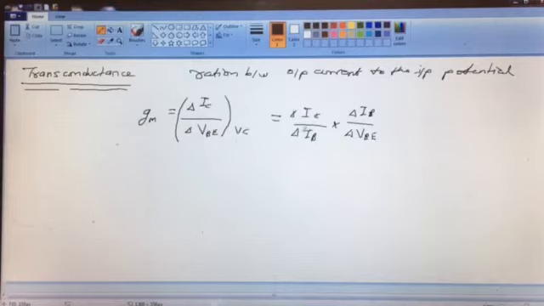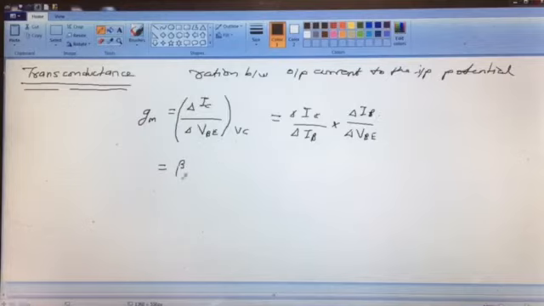From this, del IC upon del IB represents the term beta, and del IB upon del VBE is the input conductance of the common emitter transistor.